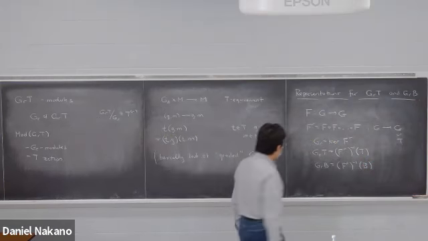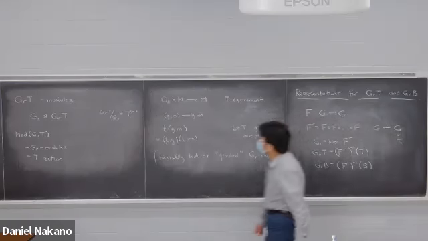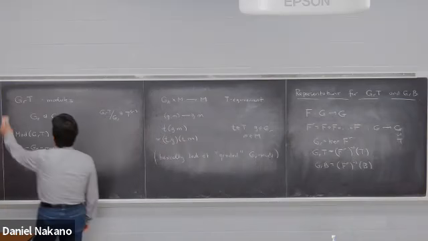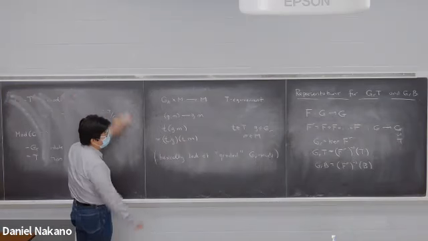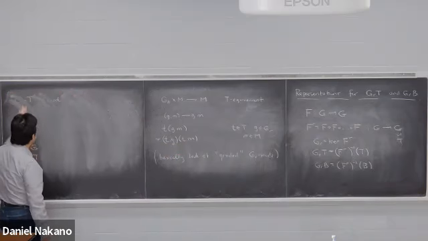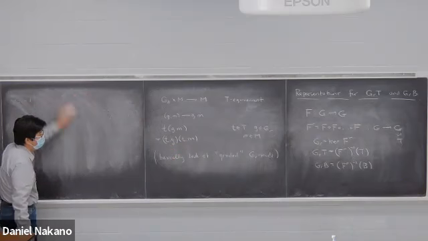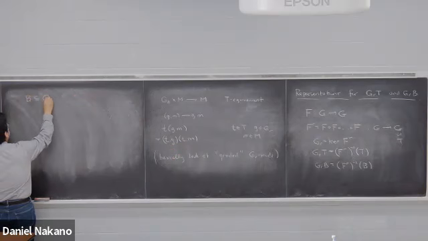So what do we know about these things? B gets mapped to B under F to the R, so certainly B will sit inside of GRB.